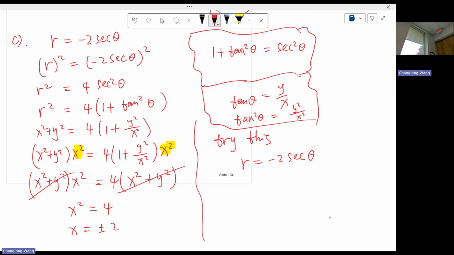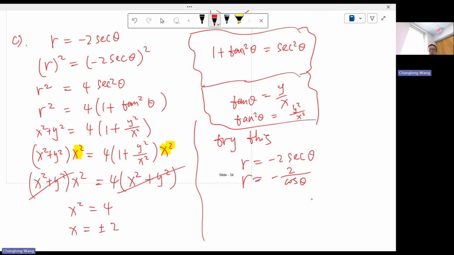We should be better off with anything other than secant and cosecant. How about we turn the secant into something else? Maybe the reciprocal of cosine, right? Let's do that. So I'll write it as r equals -2 over cosine theta, using the reciprocal identity.